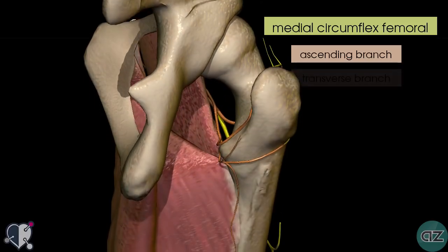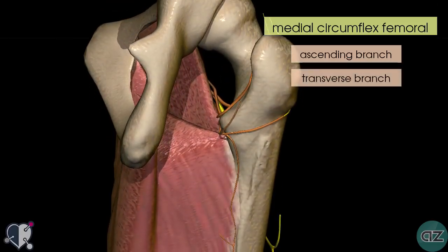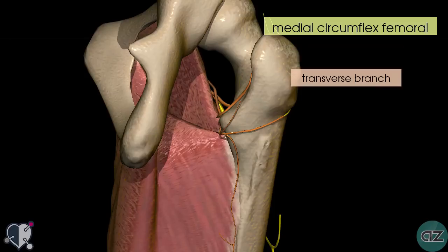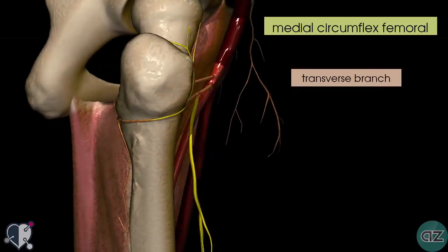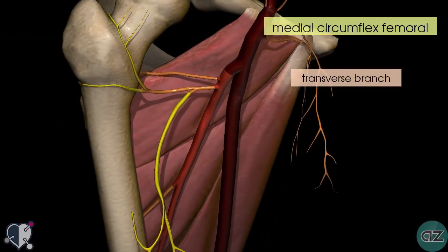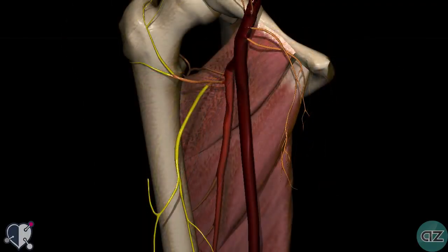And there's also a transverse branch which also anastomoses with the transverse branch of the lateral circumflex artery.